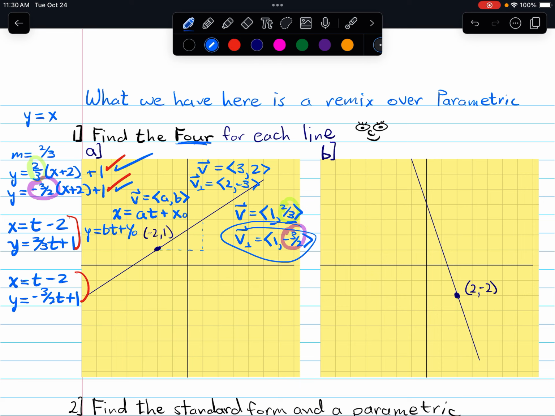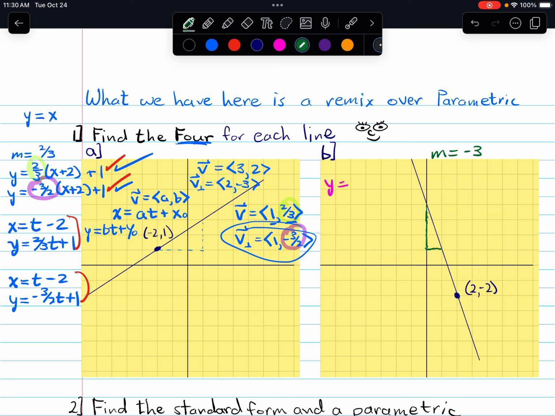So let's look at this other one. I start off with y equals x, but I'm going to transform it. I'm going to use the slope. So this time, notice, I'm going down 3 and over 1. See? 1, 2, 3 over 1. So the slope is negative 3 over 1.